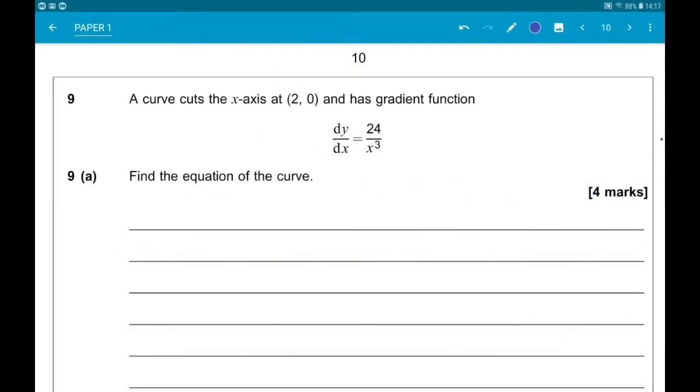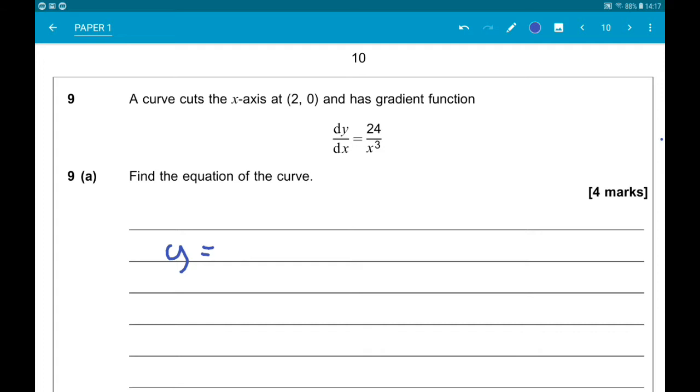Nine A. So we are told a curve cuts the x-axis at 2, 0 and has gradient function dy by dx is 24 over x cubed. Find the equation of the curve. Okay, so we know that y is the integral of the gradient function with respect to x.